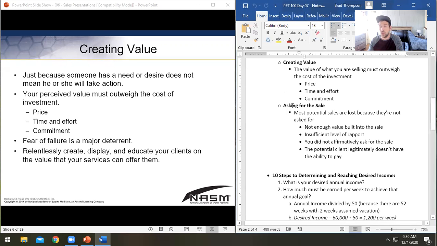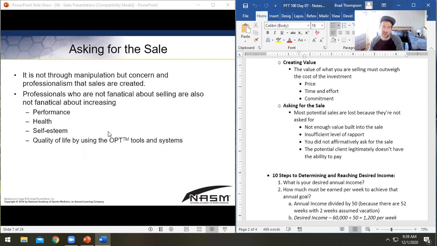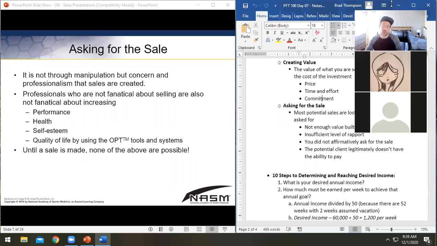So what you want to do, and this is the key sentence here, relentlessly create, relentlessly display, relentlessly educate your clients on the value that you are building into your sessions. If you do all of that, the sales will happen for you. Your gyms are going to teach you sales techniques. The management is going to give you sentences and key phrases to use.